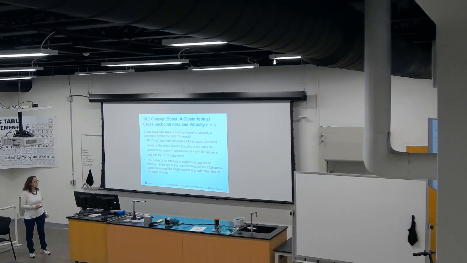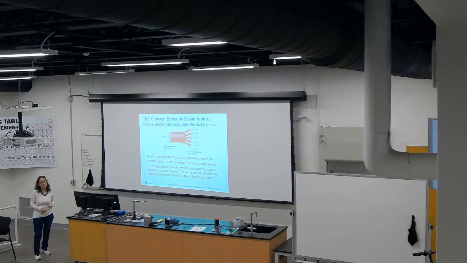Now, the aorta is the largest blood vessel with the largest diameter, yet it has less cross-sectional area than the sum of the small blood vessels, because we have more arterioles and they add up and end up much larger than the aorta itself.